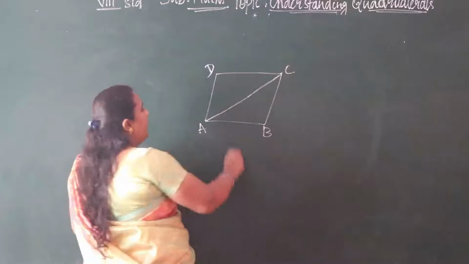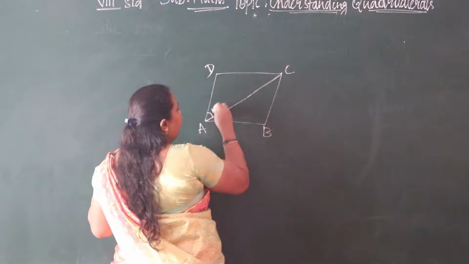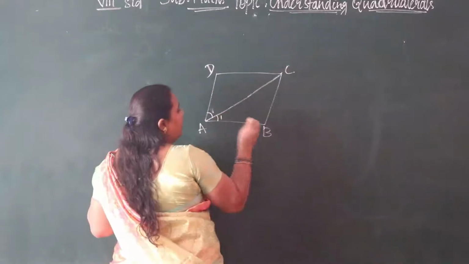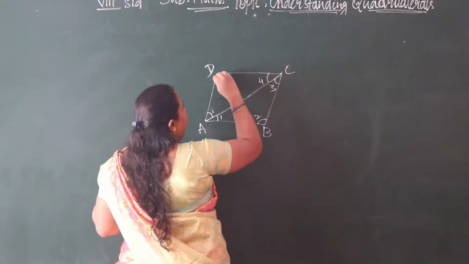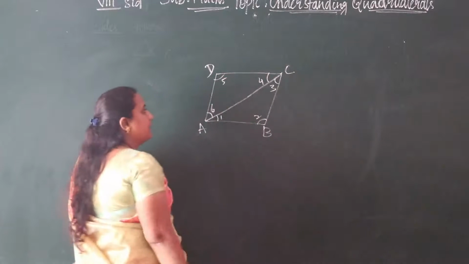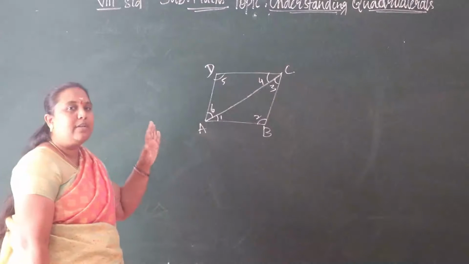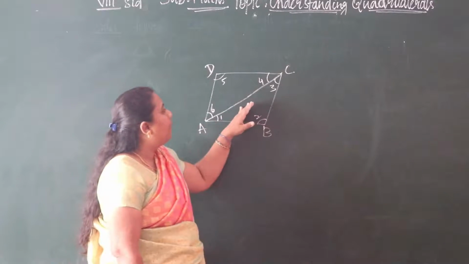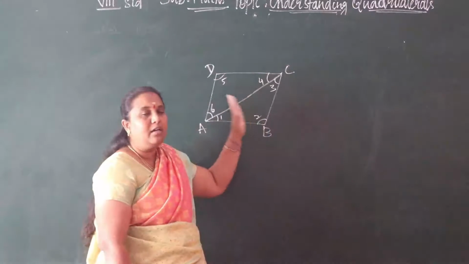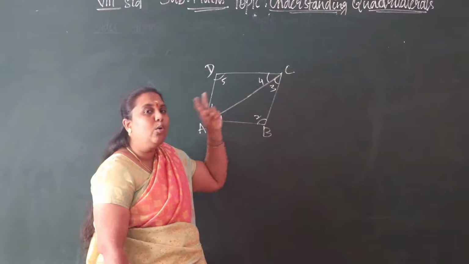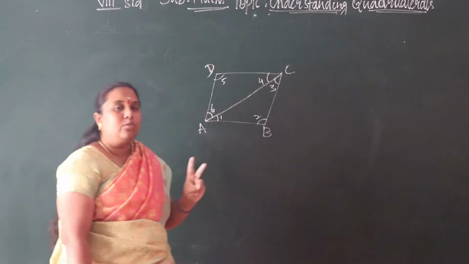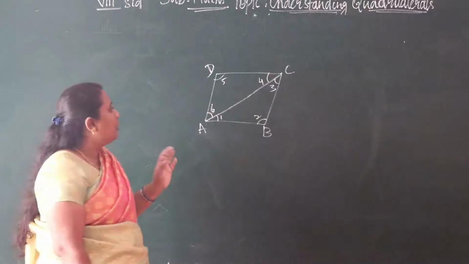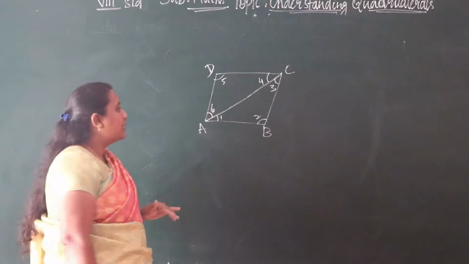So here we have angles. See, this is angle 1, angle 2, angle 3, and angle 4, angle 5, and angle 6. So by the diagonal, we have two triangles in the parallelogram.